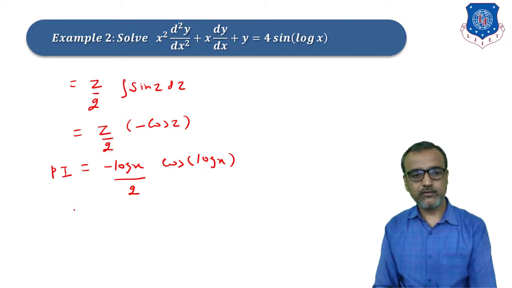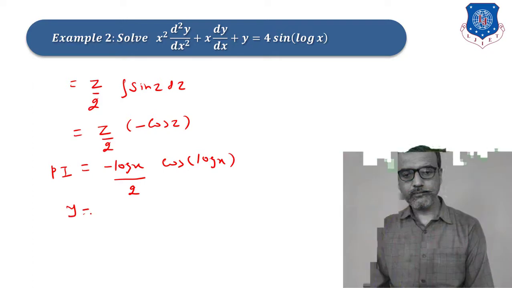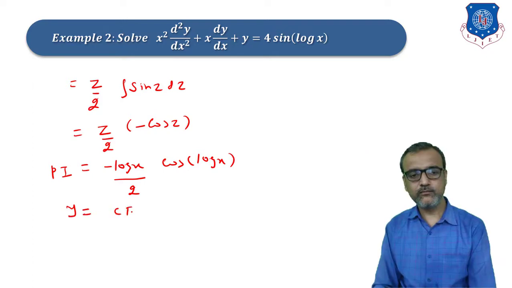At last we will write down the general solution, that is y = CF + PI.